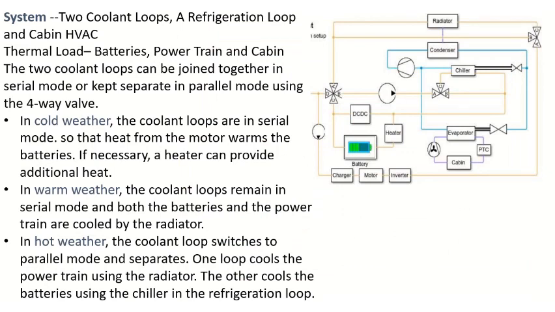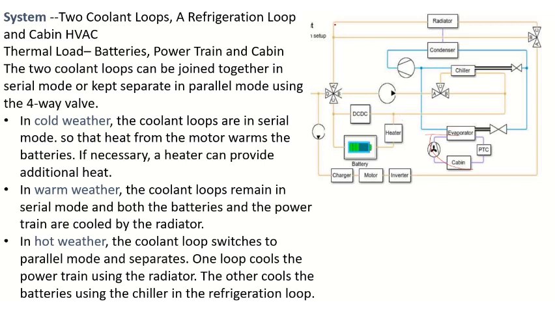So this system has two coolant loops. One is a refrigeration loop and another one is a cabin HVAC system. So this is the cabin HVAC system, and the refrigeration loop is also here.